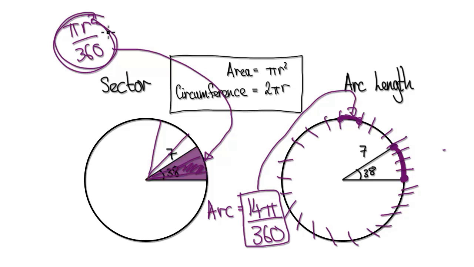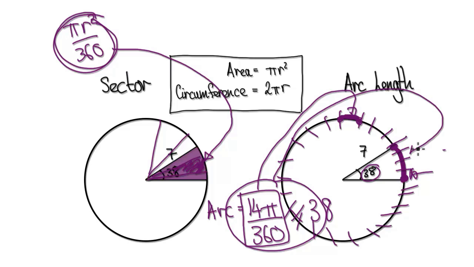Once you've got the one length, you make an exact copy of it 38 times, so you times it by 38. That gives you the arc length.